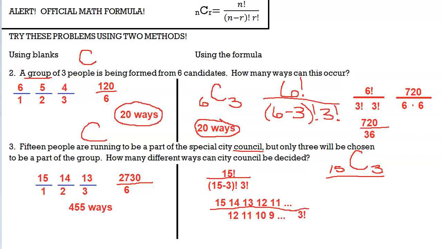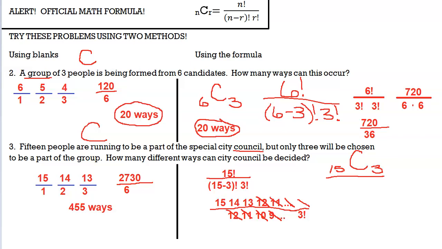Take a look. 12 factorial is 12 times 11 times 10 times 9, and so on. If you look up there, isn't there already a 12 times 11 times 10 times 9? When you have a fraction and you multiply and divide by the same number, you've got the same number in the numerator as you do in the denominator.